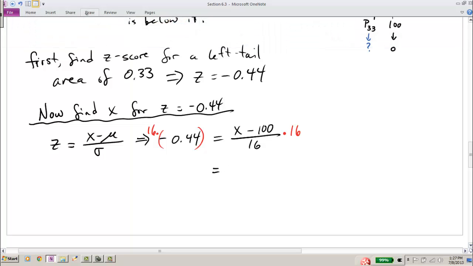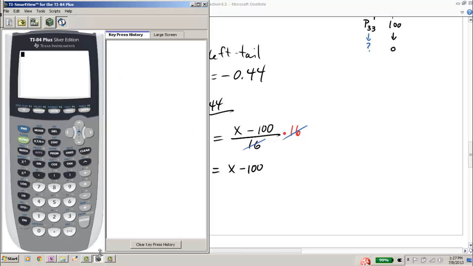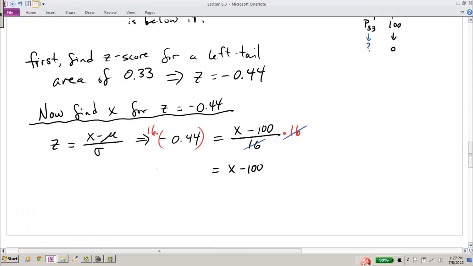When I do this on the right side, these 16s cancel. And so I've just got x minus 100. And on the left side, 16 times negative 0.44 is negative 7.04.